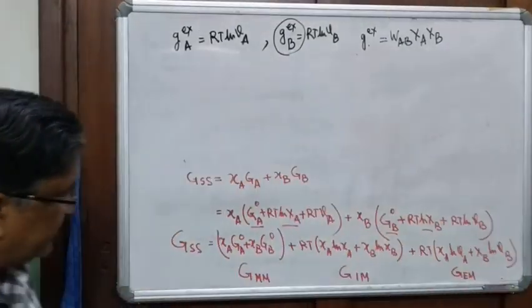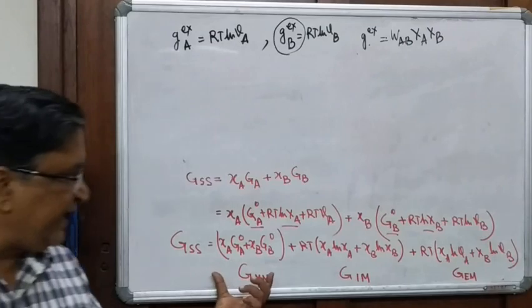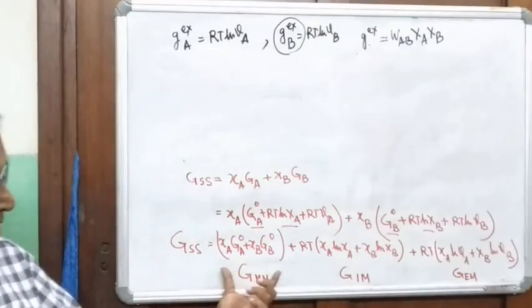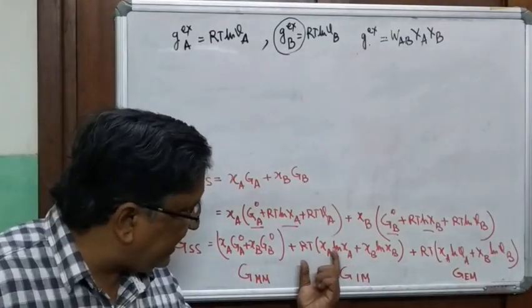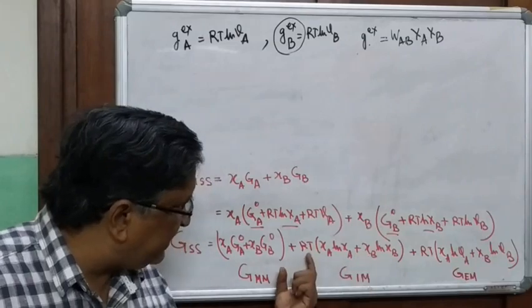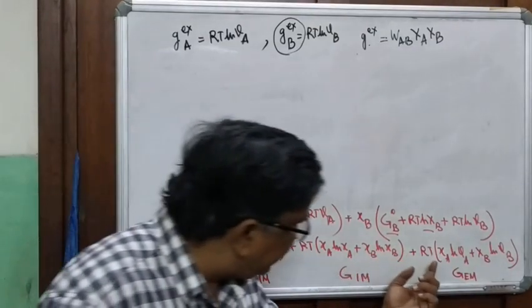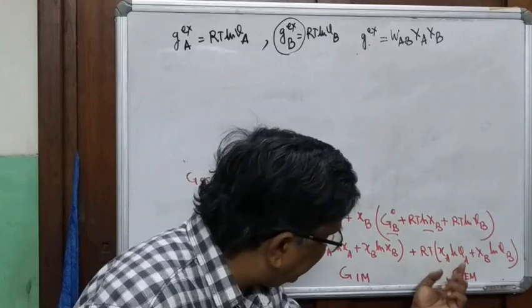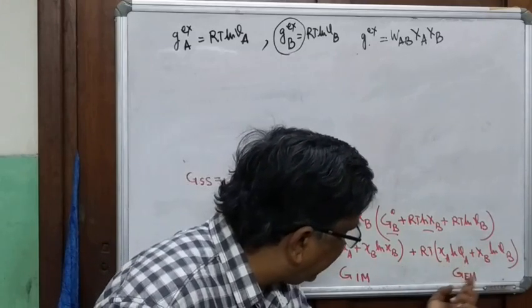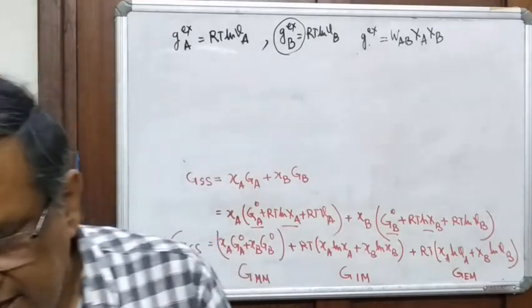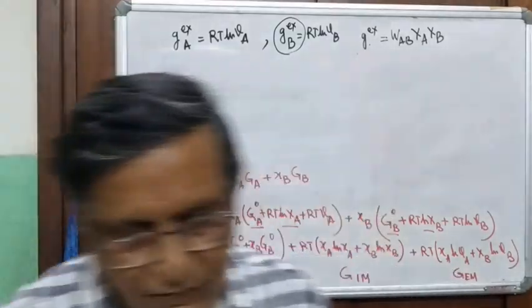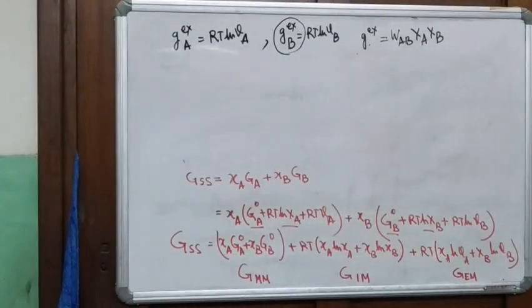This is how the equation of the free energy of a binary solid solution looks. There are three terms. One is the free energy of mechanical mixing. Then you have RT times X_A ln X_A plus X_B ln X_B, which is G ideal mixing. And then we have RT times X_A ln gamma A plus X_B ln gamma B, which is G excess mixing. This is what we have done.